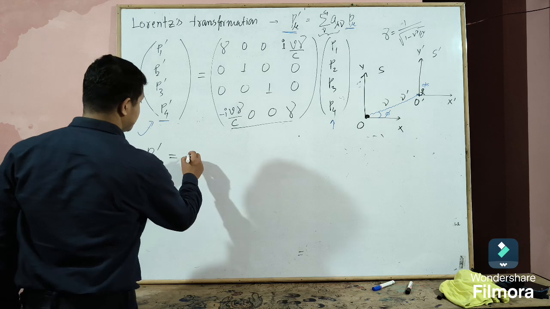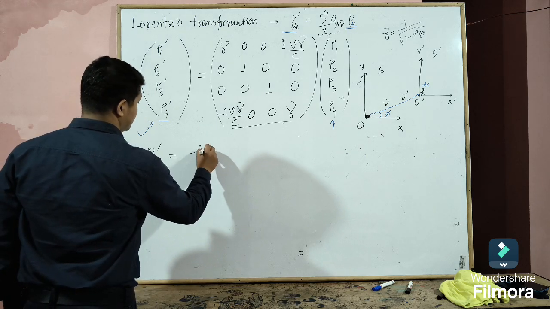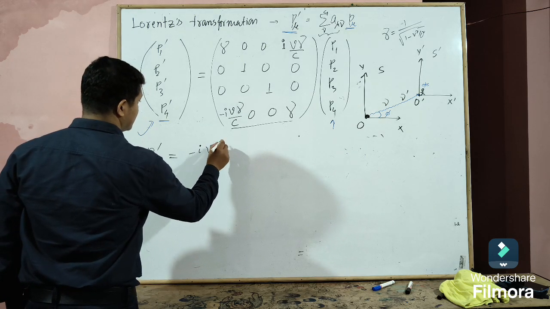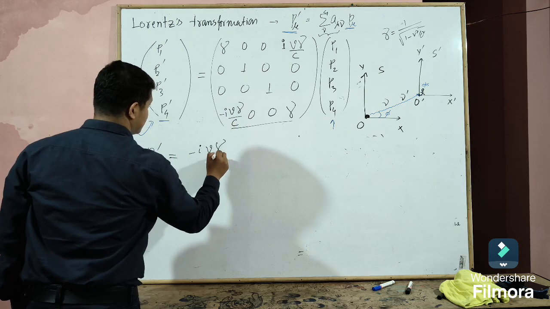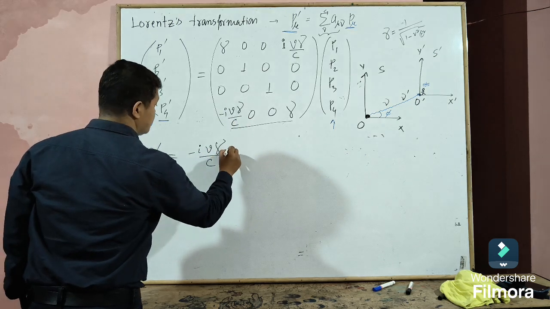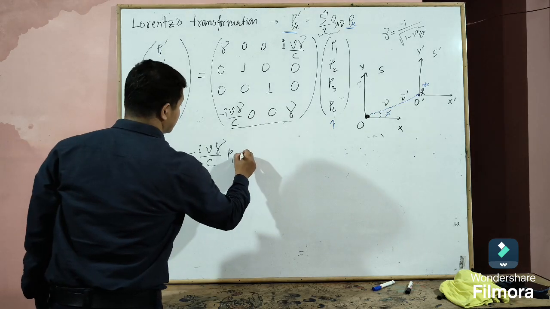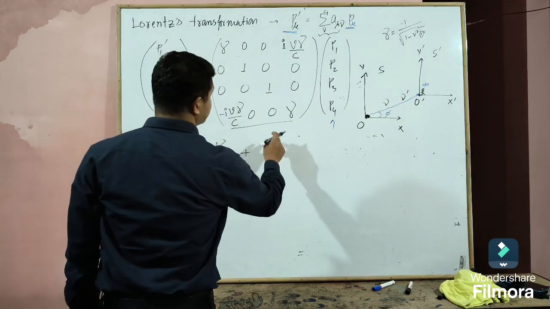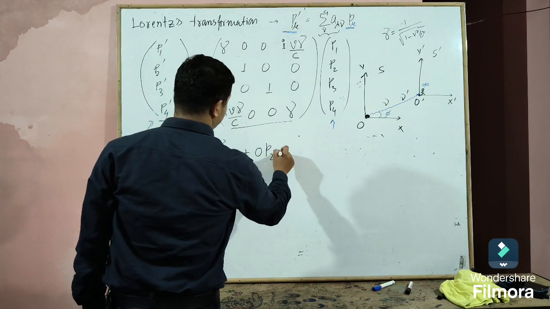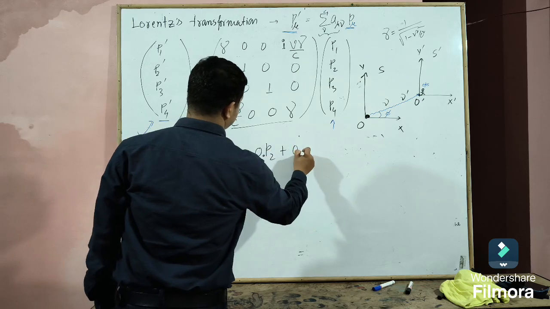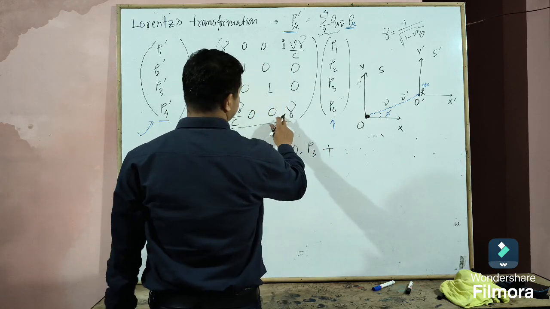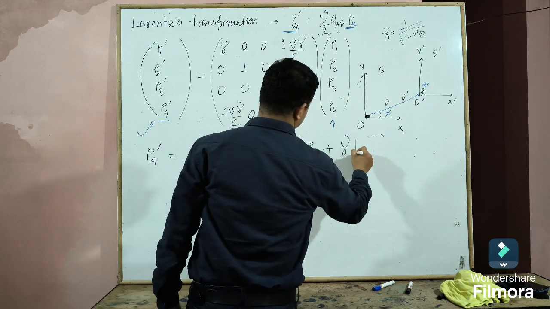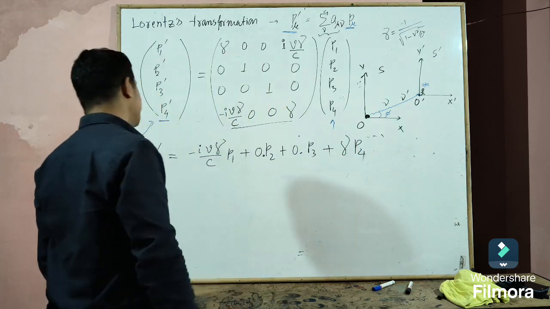Then what you're going to have is minus I v, sorry, this should be gamma, not nu, gamma by c into p1, then plus 0 into p2, plus 0 into p3, then plus here we're going to have gamma into p4. That's what we have got.